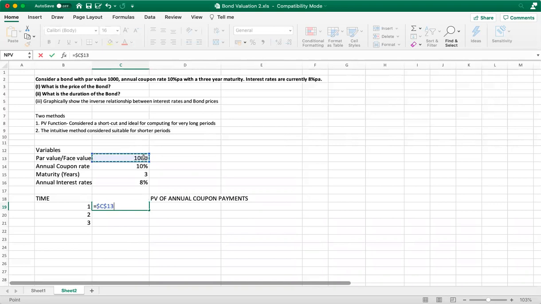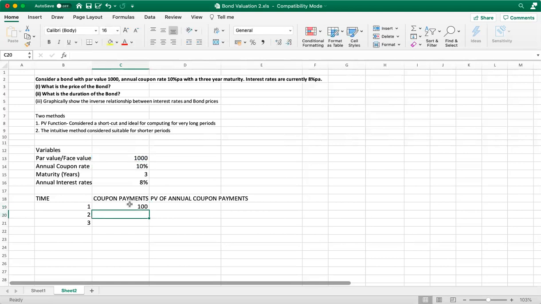So 1,000 multiplied by the coupon rate, which is 10%. Again, Command and then T, and it puts the $ sign for you. The $ signs make those cells constant. So we say you make them absolute cells. So enter. Then you copy this down.